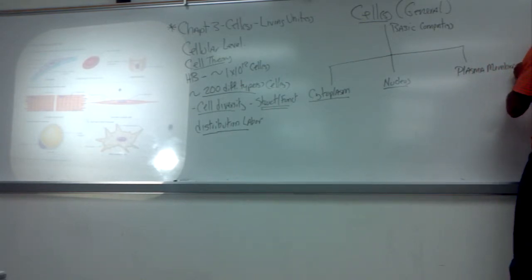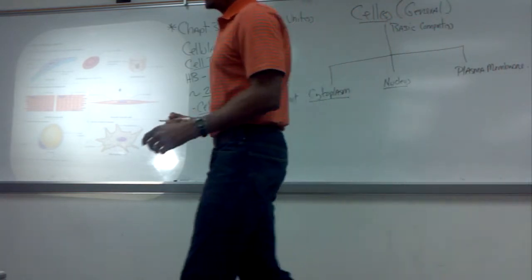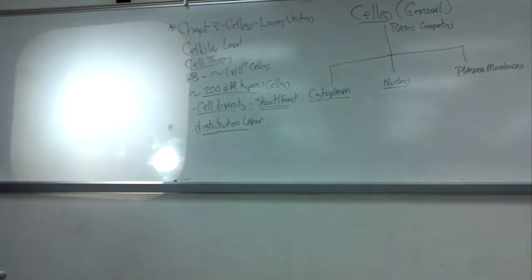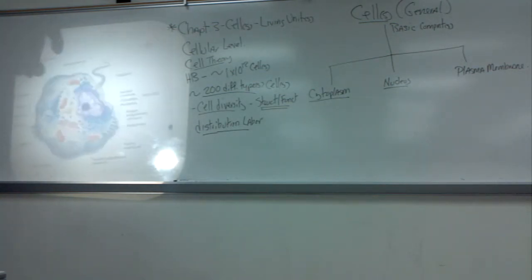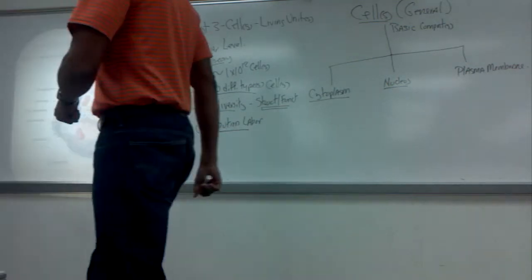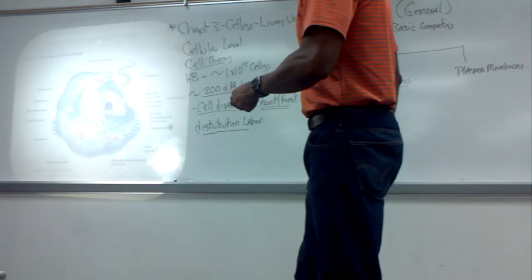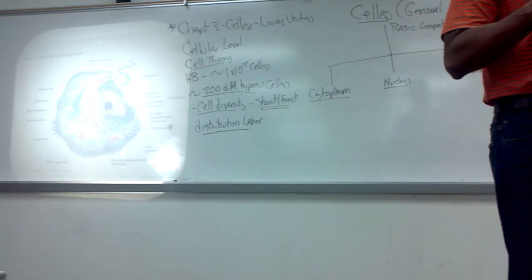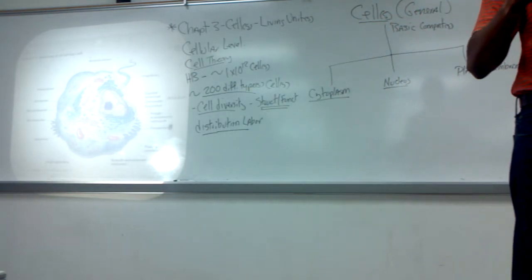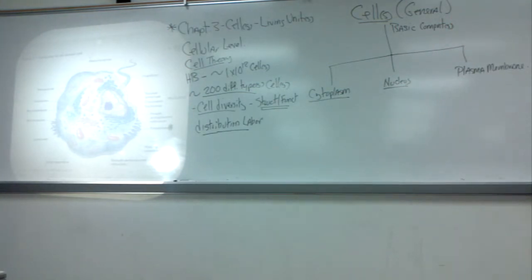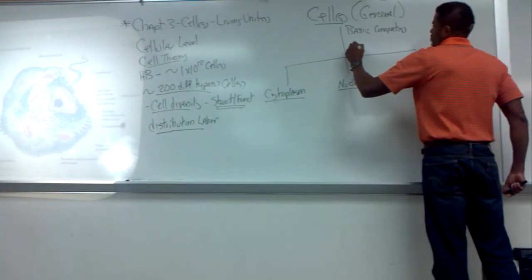So generally speaking, when we take a look at the basic components of the eukaryotic cells that make up the human body, these cells will consist of three basic components despite the diversity: the cytoplasm, the nucleus, and the plasma membrane. Now we do know there are certain cells that are anucleated, for example our what? Red blood cells lack a nucleus, but generally speaking we have three major components associated with the cells of our body.